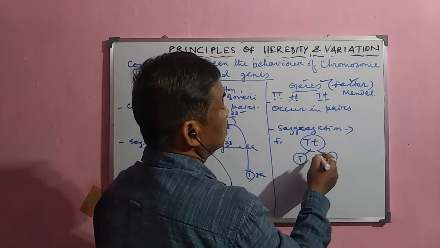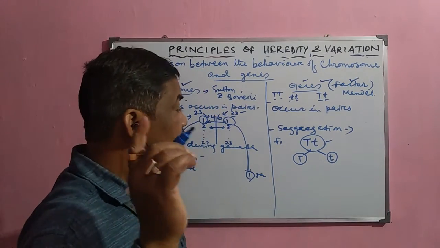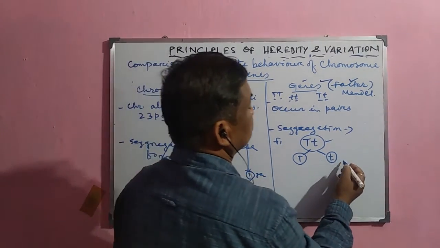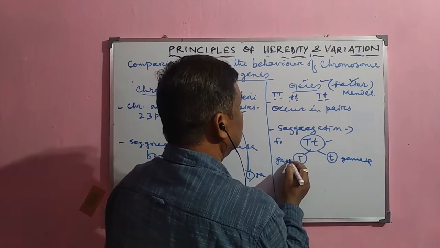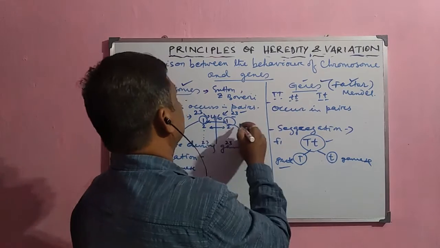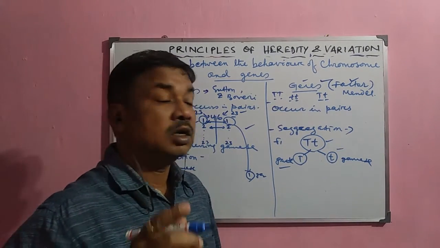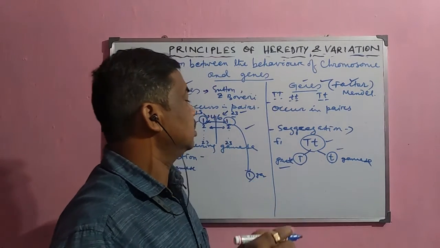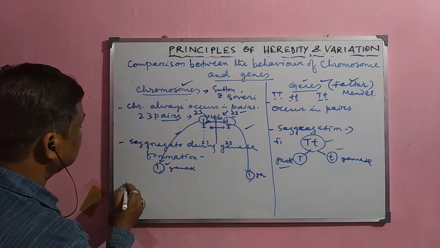So these are segregated from one another during gamete formation. This is one gamete and this is another gamete. So in both cases, chromosomes as well as genes, they segregate during gamete formation.